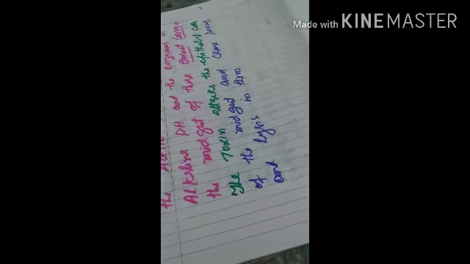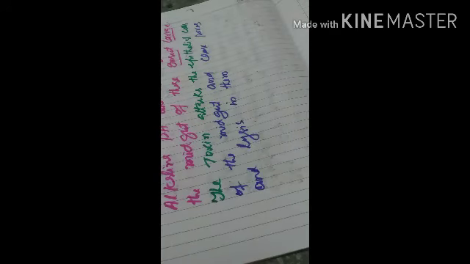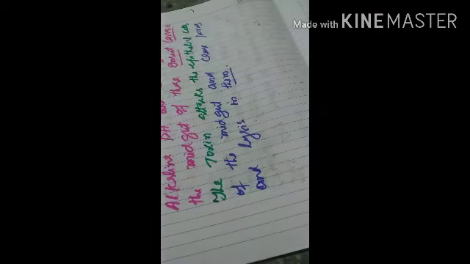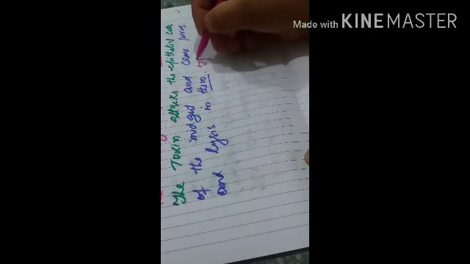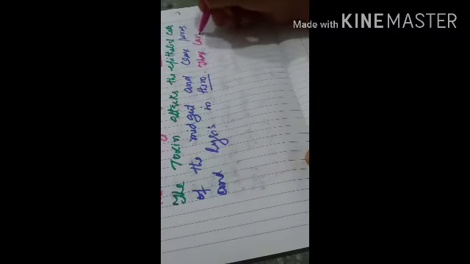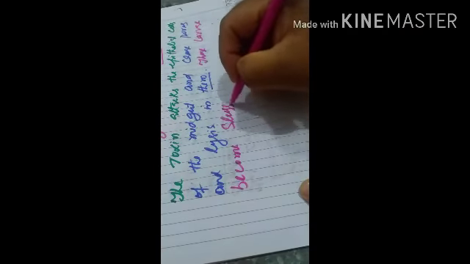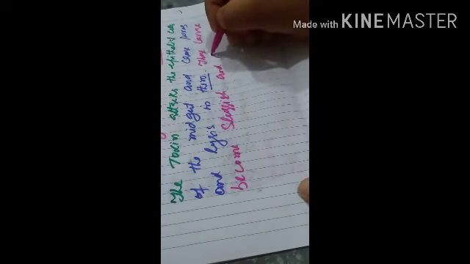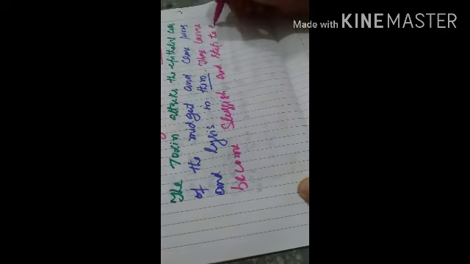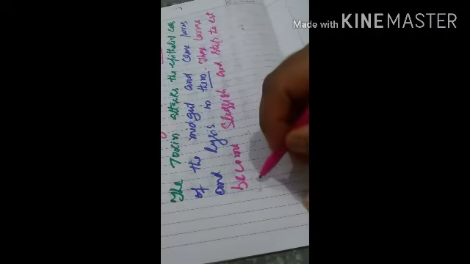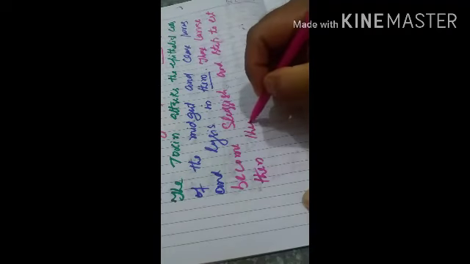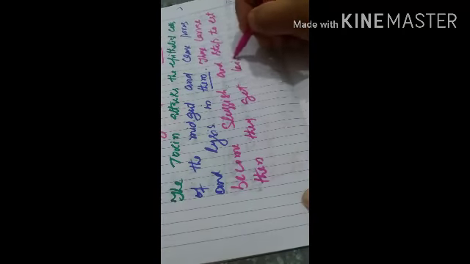That is, pores are caused in the cells of the midgut, that is epithelial cells of midgut, and lysis is also caused, that is breakdown also occurs in the epithelial cells of midgut. These larvae become sluggish and stop eating. Then they get killed.